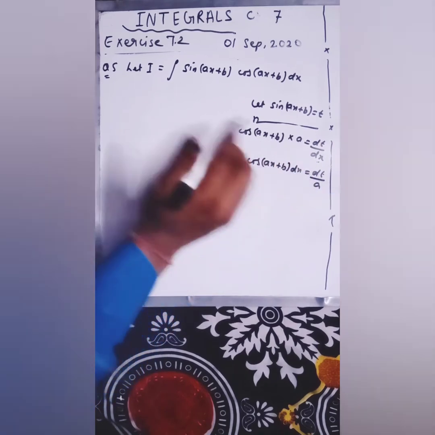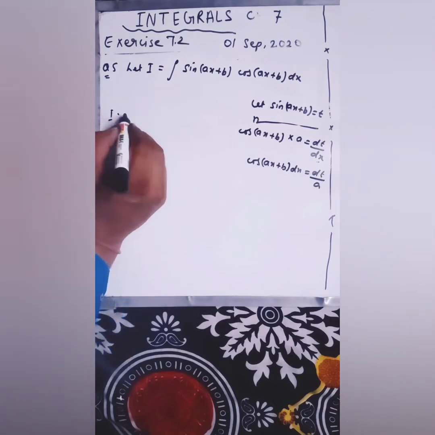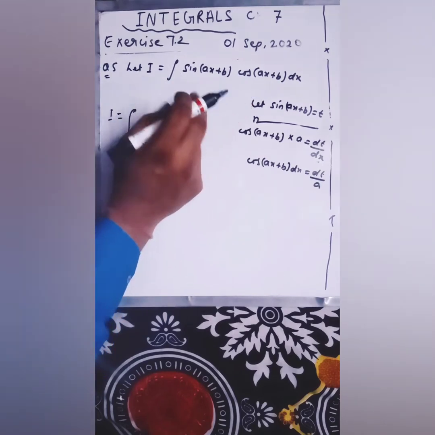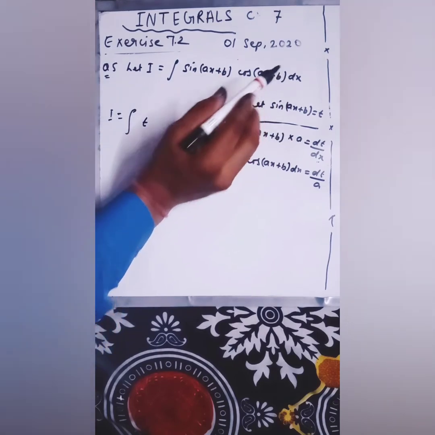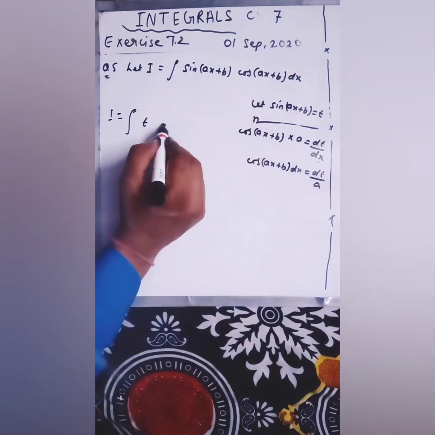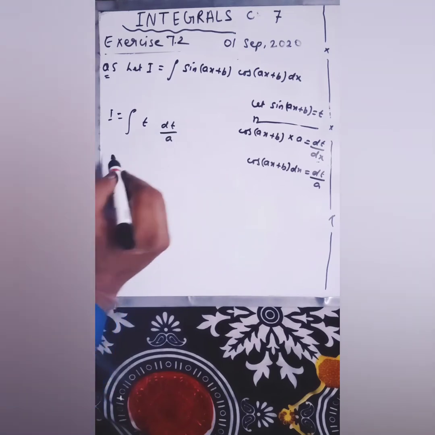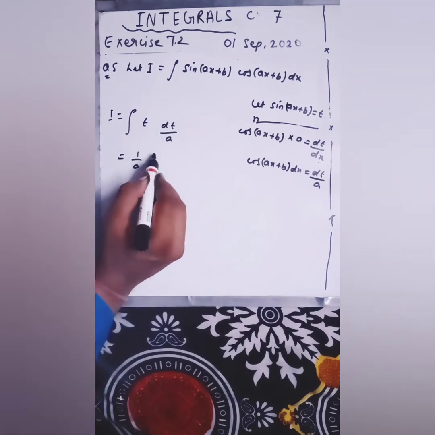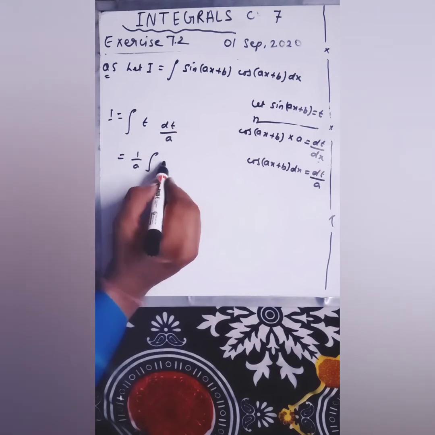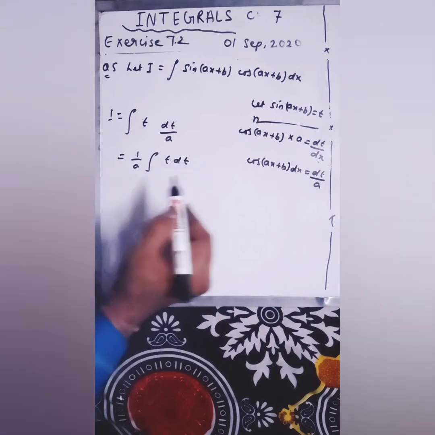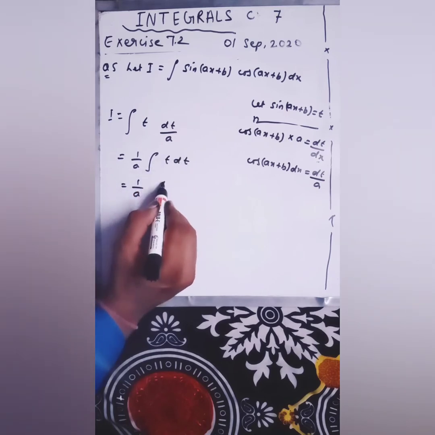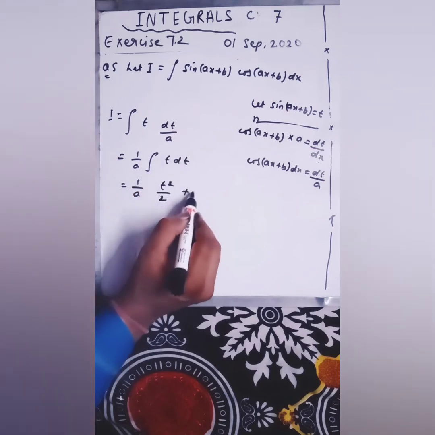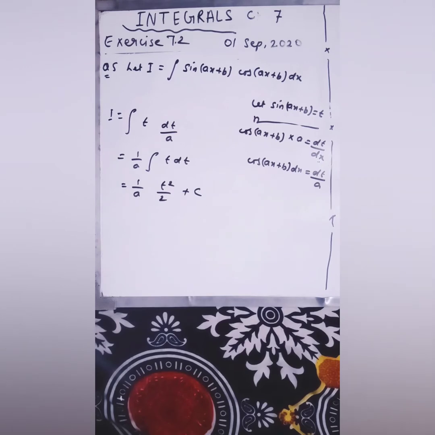Now see how will you put this in this integral. This sin(ax plus b) is your t, and this cos(ax plus b) into dx is your dt by a. Okay, so a is a constant, you have to bring it outside of this integral and you will get t into dt, 1 by a, and the integral of this will be t square over 2 plus c. Fine.